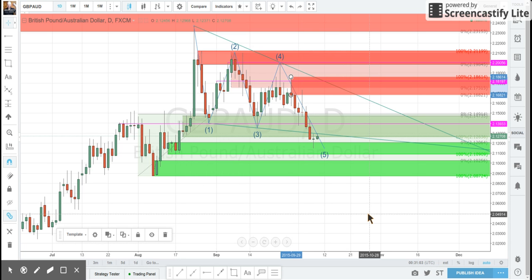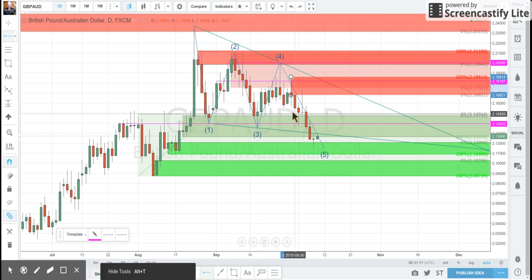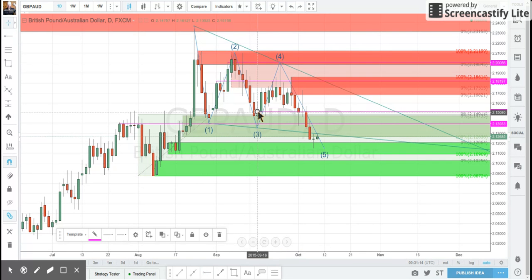But this is not important because my trade was really great, because from this point to the exit point that I've set just here, I went out, I think, at 2.1268.